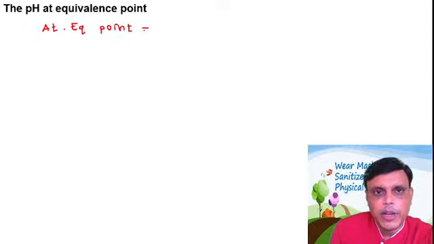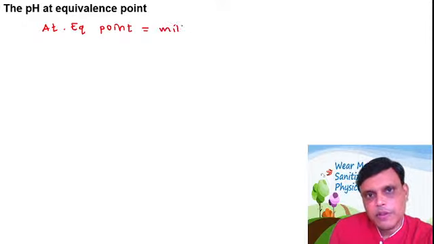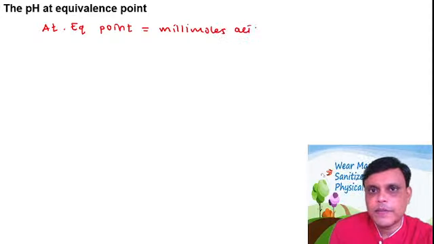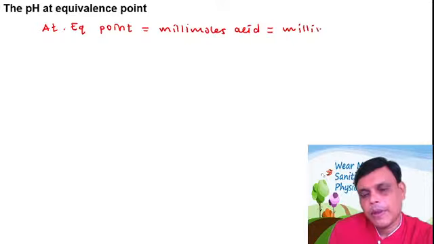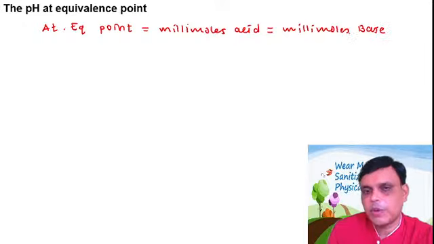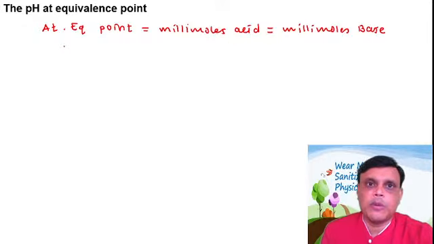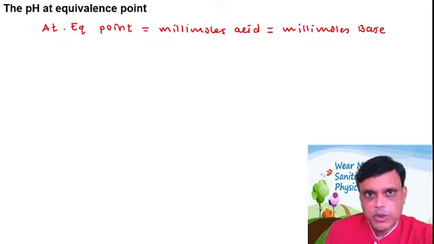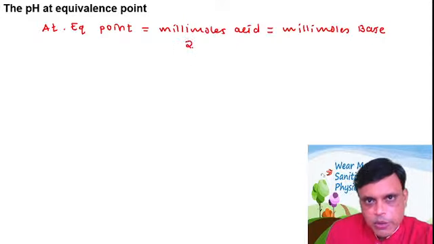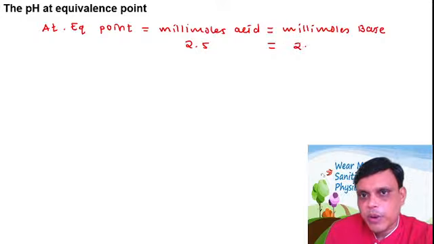At the equivalence point, millimoles of acid equal millimoles of base. This point we call the equivalence point. Here millimoles of acid at the equivalence point is 2.5 and millimoles of base at the equivalence point is 2.5.